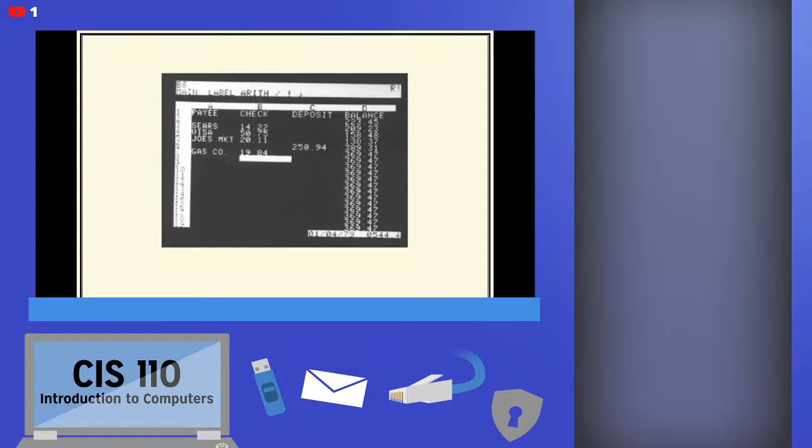Microsoft Excel, in terms of interface, looks very different than what we have here with this old picture of VisiCalc. But in terms of how we actually use it, it's really, really similar. I mean, we have a grid, letters across the top, numbers along the side.